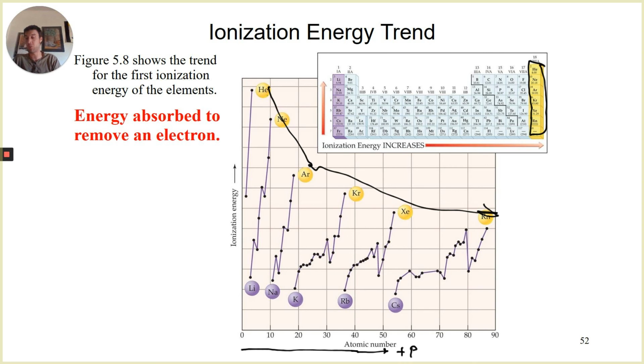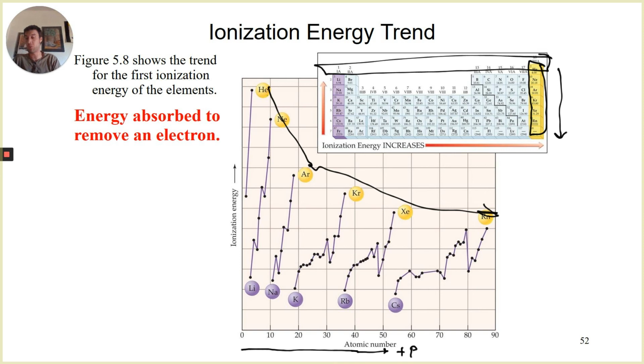Within a column, what happens? Well, the ionization energy decreases as we move down the column. Why? Larger atom, easier to remove that outermost electron. So helium we would expect to be very high energy. When we look across a row, hydrogen and helium, I know hydrogen's not on that list, we would expect hydrogen to be lower in energy than helium because helium has a larger nucleus.